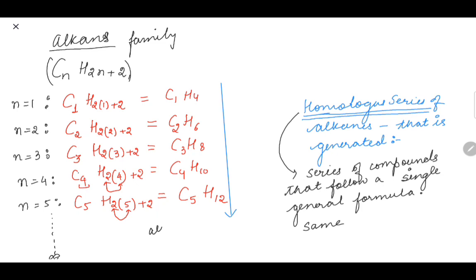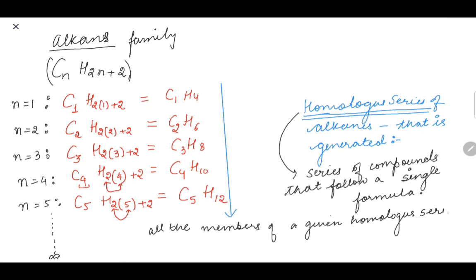So all the members of every homologous series, all the members of a given homologous series, have the same chemical properties.